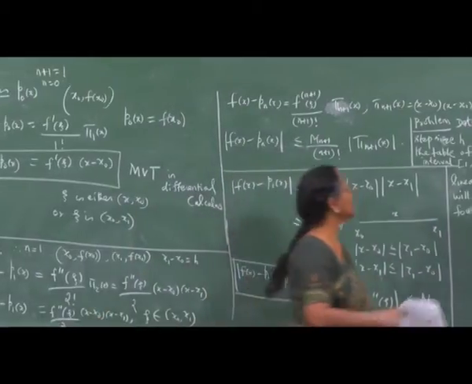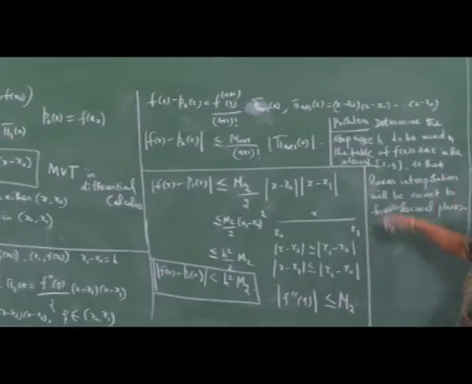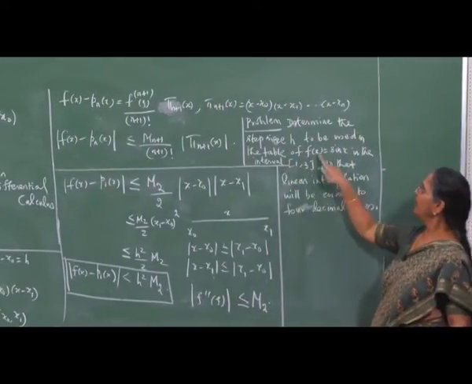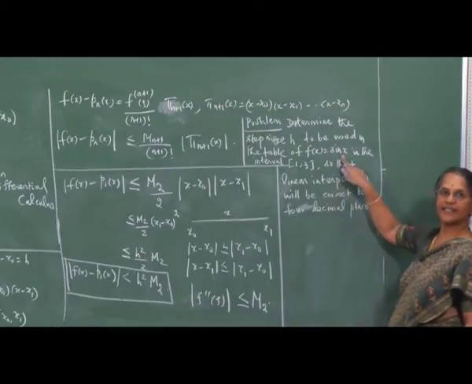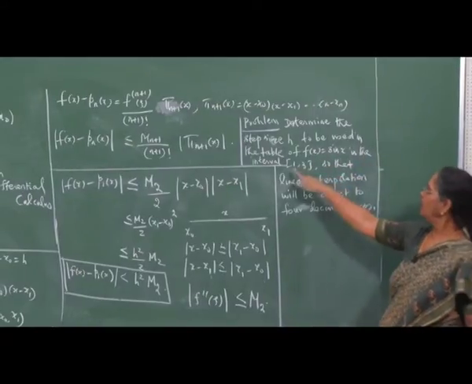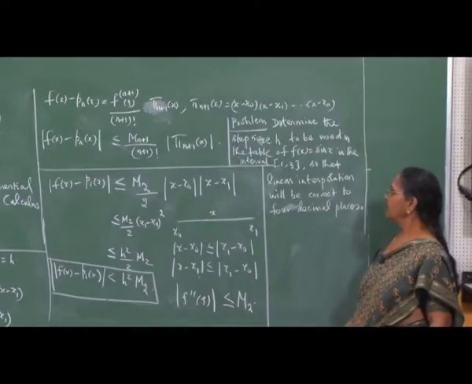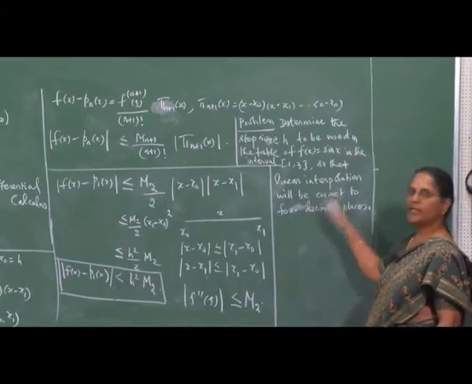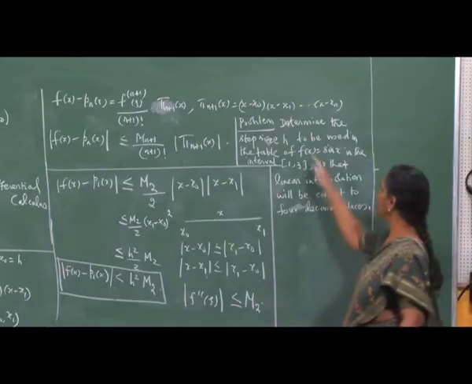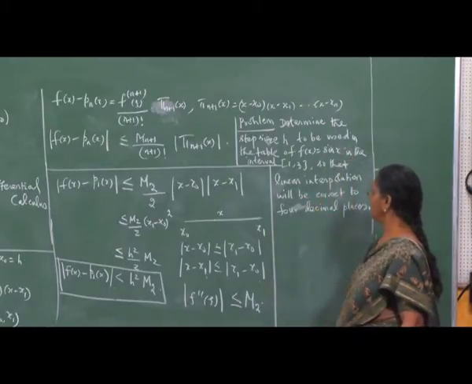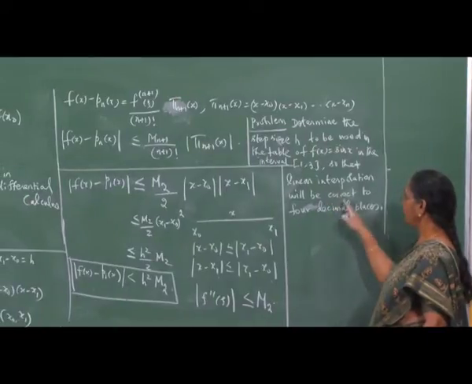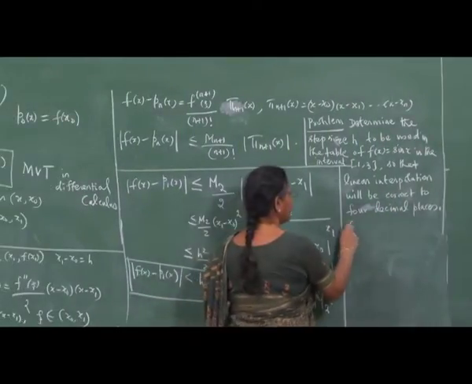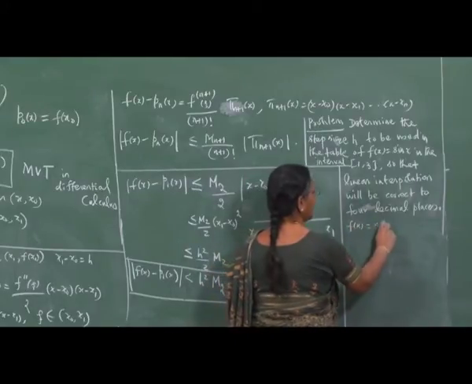The problem is to determine the step size h to be used in the table of f of x equal to sin x in the interval 1 to 3, so that the linear interpolation of sin x in this interval will be correct to 4 decimal places. So, we are given f of x is equal to sin x.